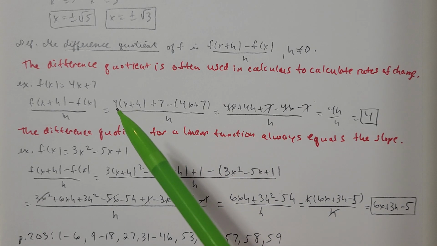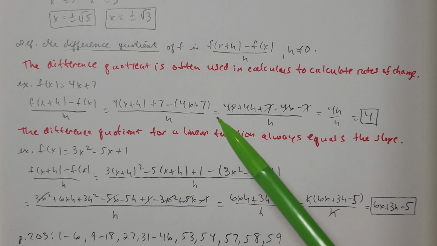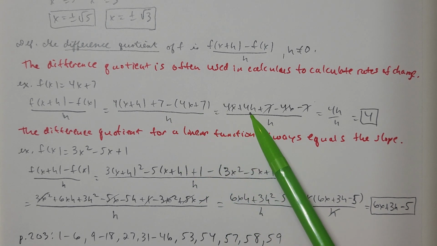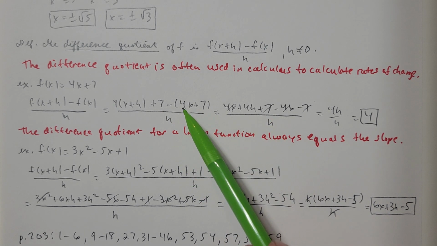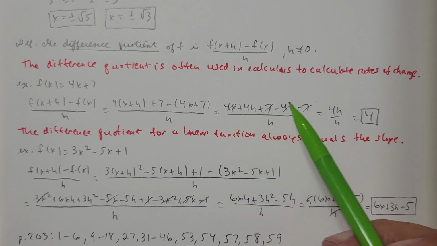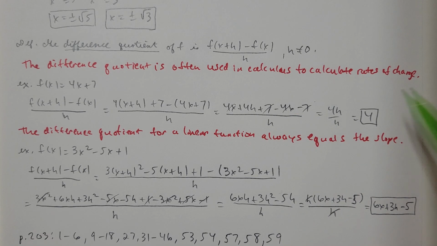So let me go ahead and distribute the 4 and then the negative into these terms. So I got 4x plus 4h plus 7 minus 4x minus 7 all over h. And here's where I'll have some things canceling. 4x minus 4x, those are gone. 7 minus 7, those are gone.